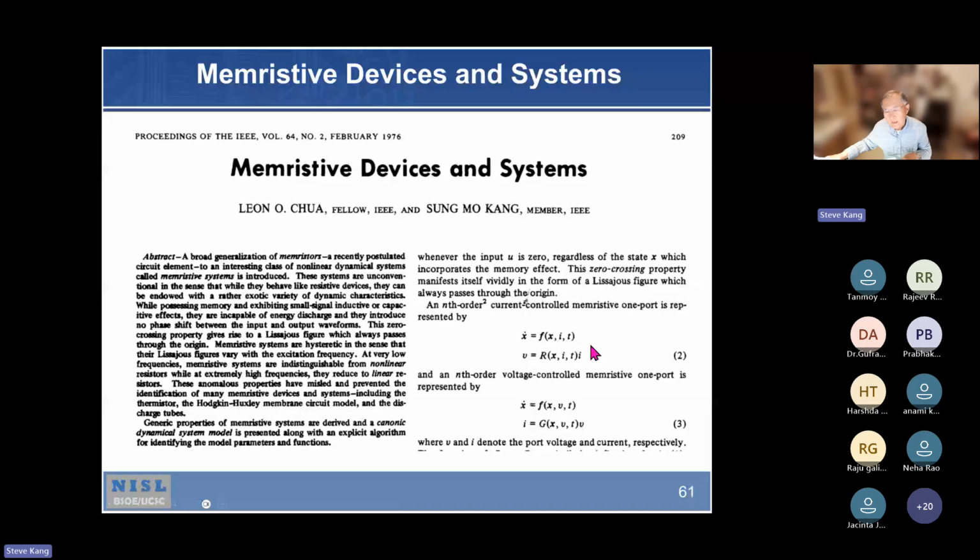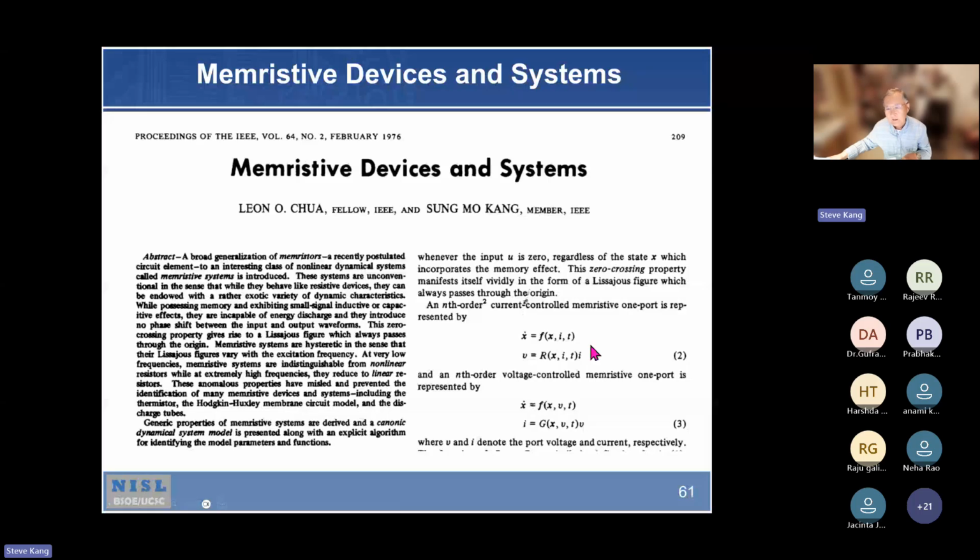You can also think about a voltage controlled memristor, where you have I is equal to conductance multiplied by voltage, where conductance itself is a function of a state variable x, input voltage V, and the time t. And the state variable itself, x dot, is a function of x, V, and t.